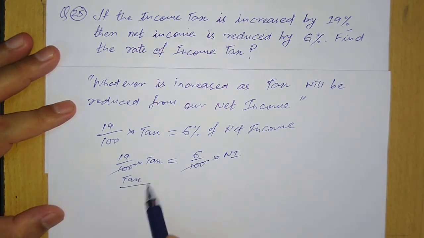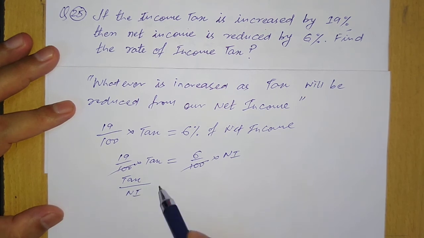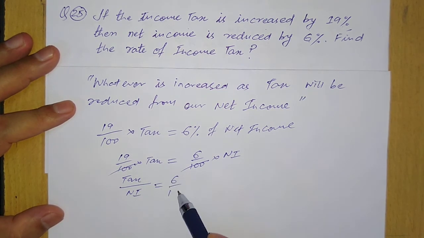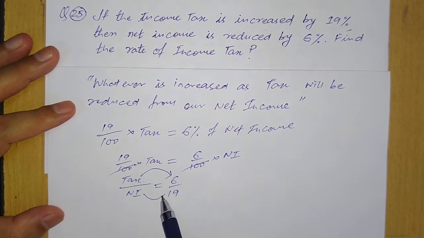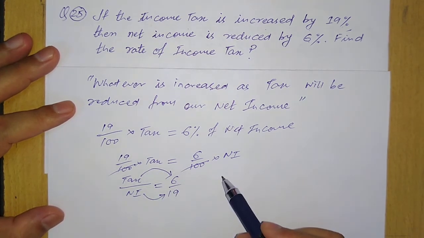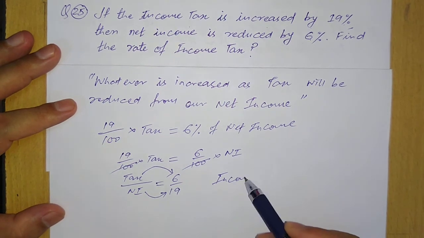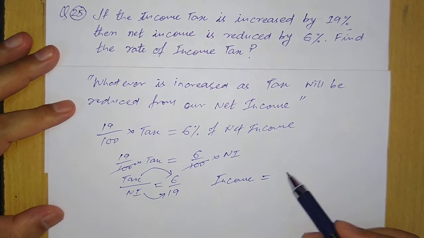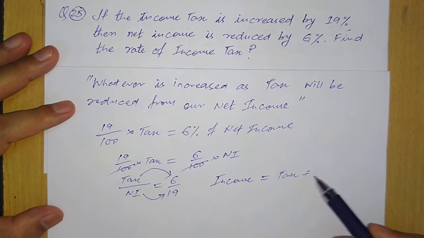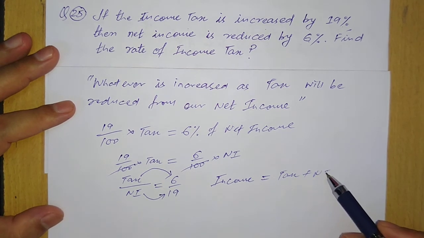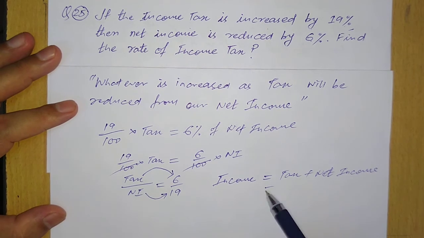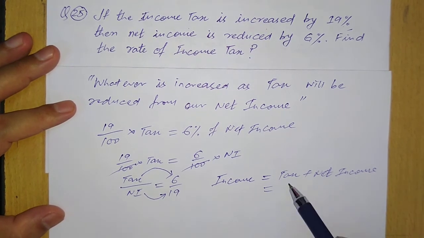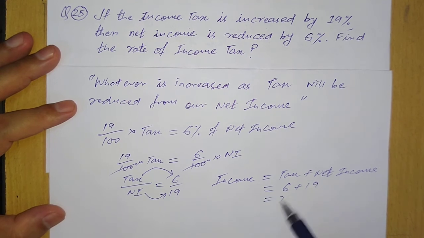So our tax upon net income is 6 by 19. So if our tax is 6, our net income is 19. And we know our income is tax plus net income. So tax is 6, net income is 19, so our income is 25.